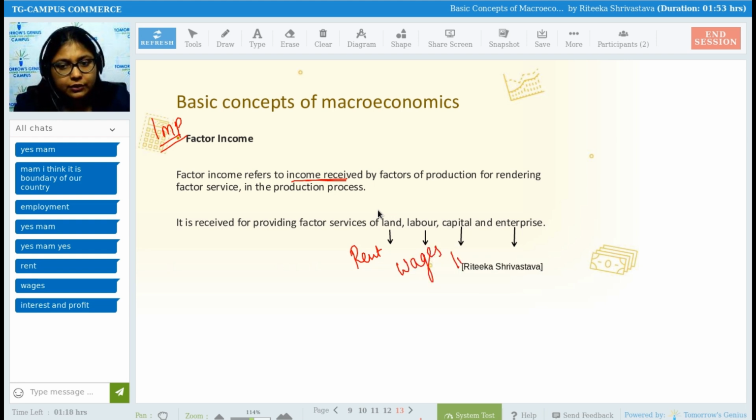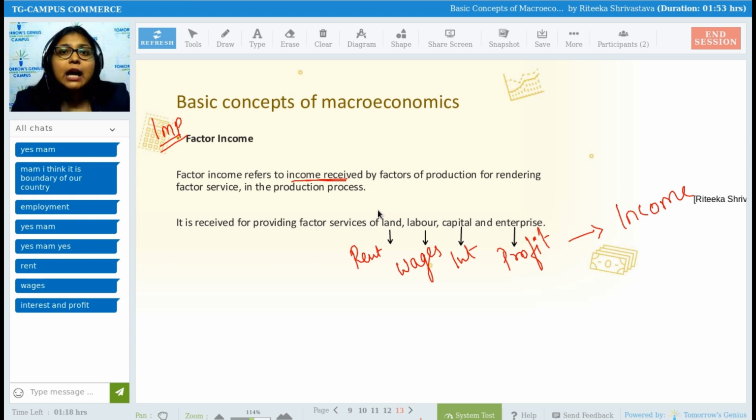Very good. Interest. And from entrepreneur? Profit. So these are nothing but the income received after providing the factor services. That is why they are called factor income.